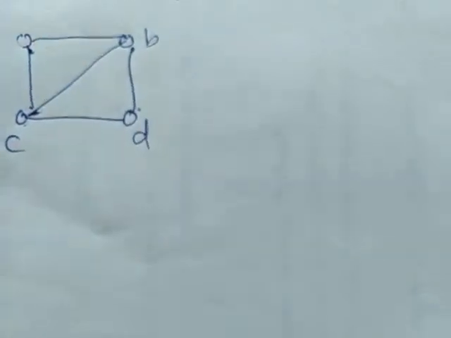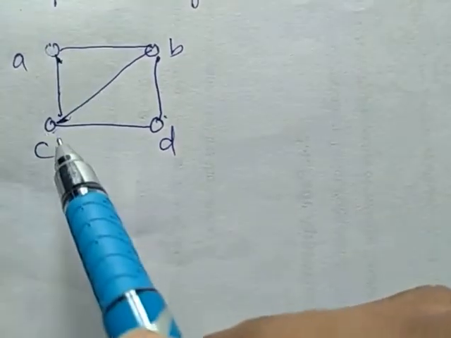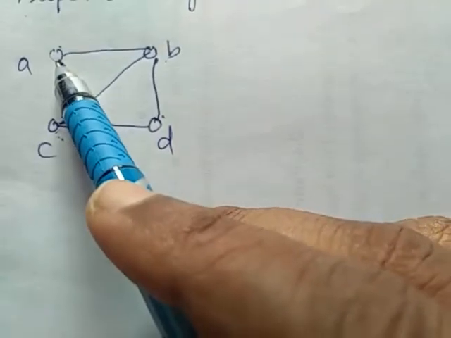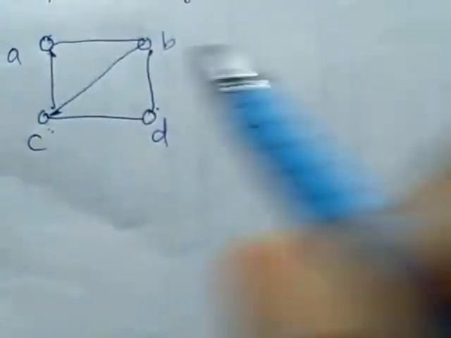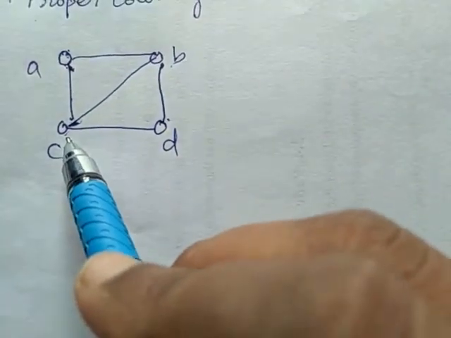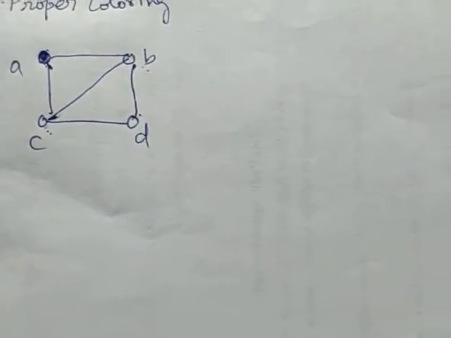So say this is A, B, C, D. A is adjacent to C or C is adjacent to A, B is also adjacent to A. So when we color this graph, whatever color the vertex A is having should not be the same color for C and B. For example, if I color vertex A using blue color, B and C should not be in blue color.